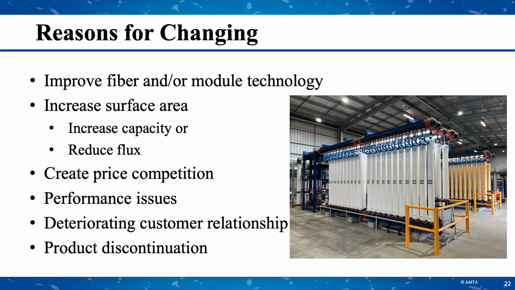Of course, when we have more than one product available, then that's going to create price competition. You have more ability to address performance issues. Maybe the relationship has gone sour and you want to do business with somebody else. That's now an option.